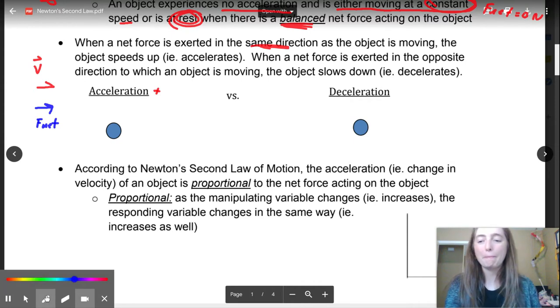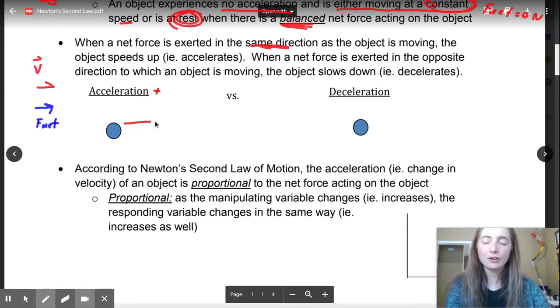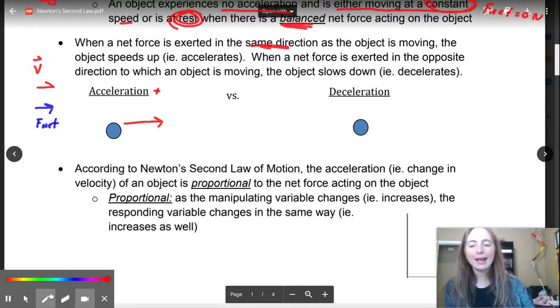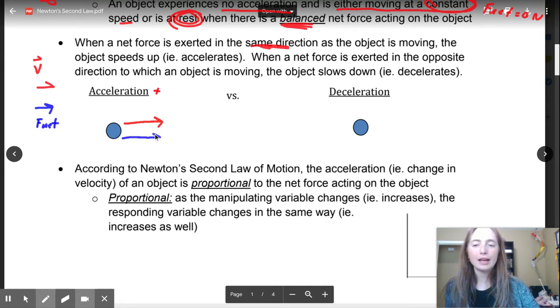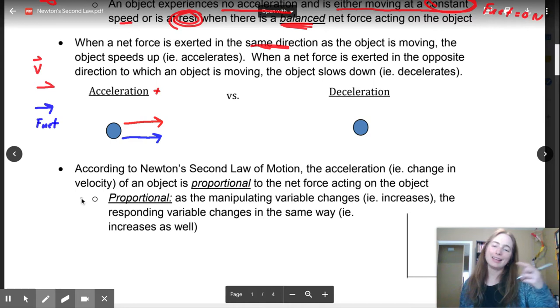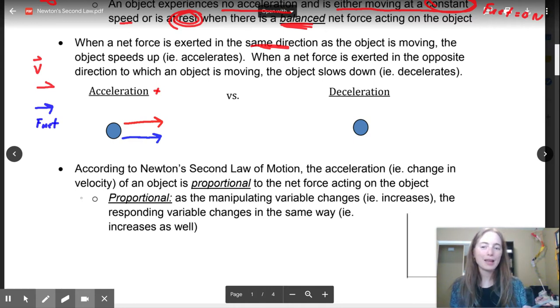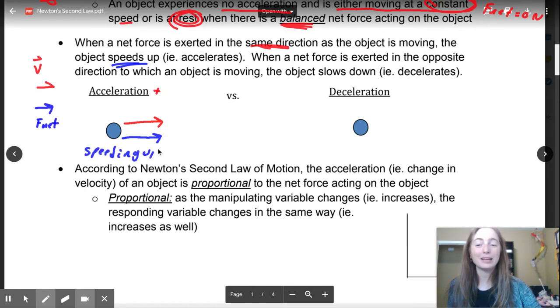So if you have an object that is already moving this way, and I apply a net force acting in that same direction, you are going to get positive acceleration. You are going to have an object speeding up.